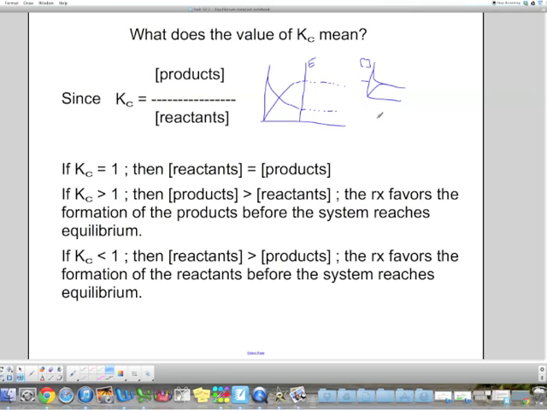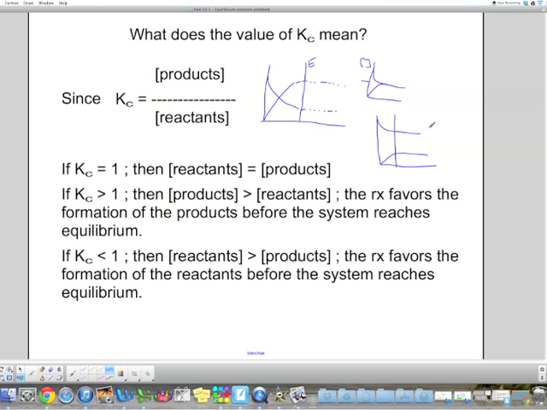Or I could have a third situation whereby my reactants react and the equilibrium sets in very quickly. So the amount of products produced before the equilibrium is attained is very low. So this being my reactants, this being my products, you can see that my equilibrium favors, in a sense, the amount of reactants. I have much more reactants at equilibrium than I have products.